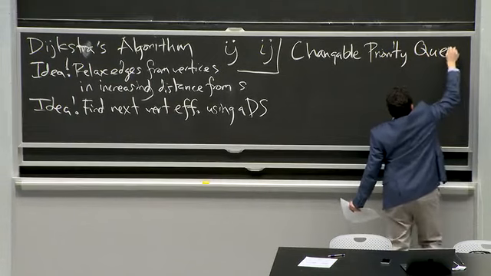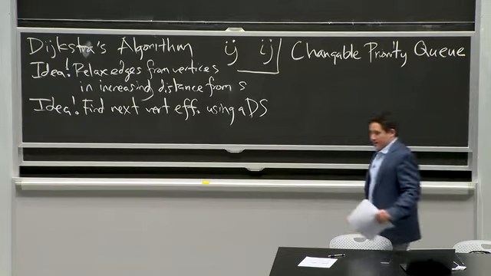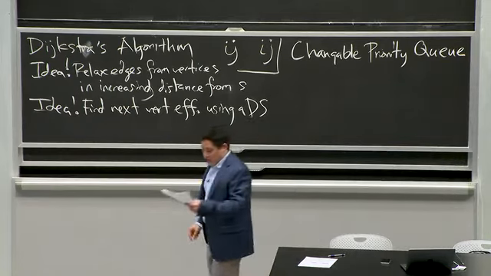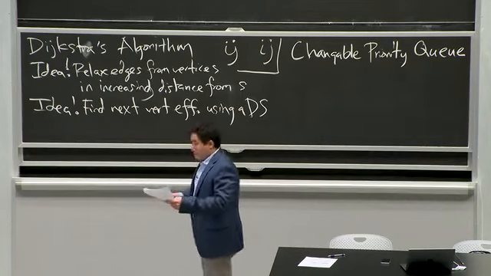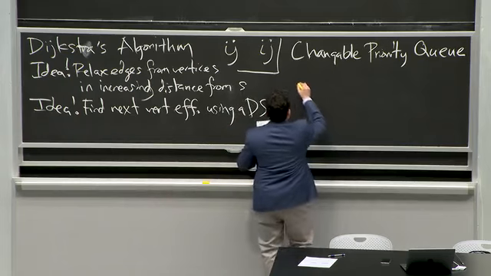Okay, so this is a little different than a normal priority queue that we had at the end of our data structures unit. This changeable priority queue has 3 operations.